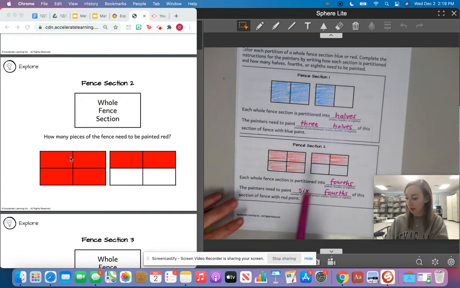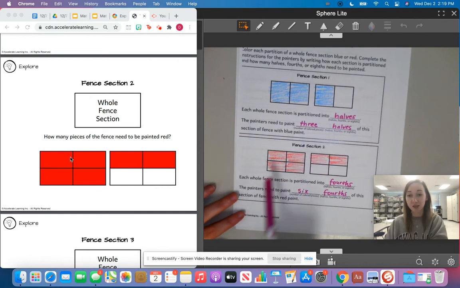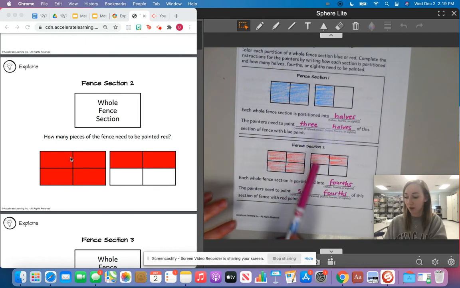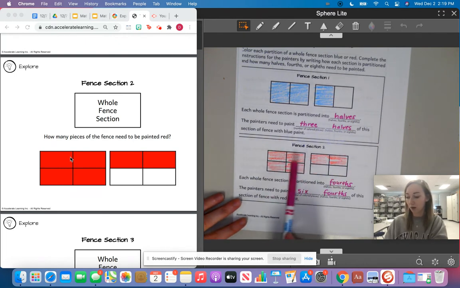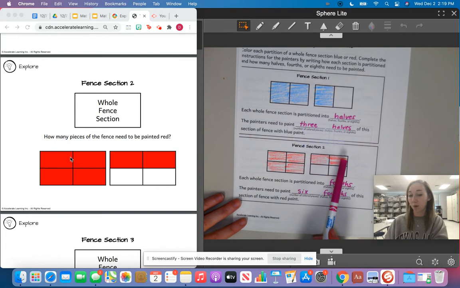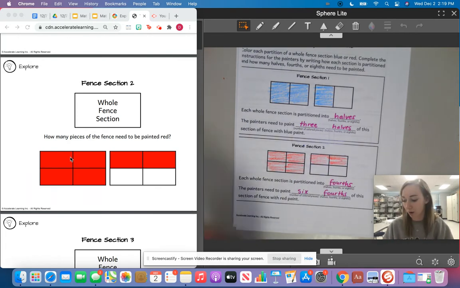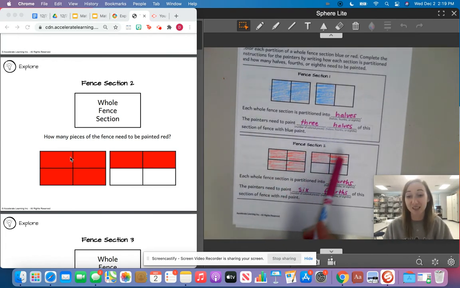So we're filling out the number of colored pieces and then what those pieces are. So these aren't just pieces, they are fractions, and it's this whole section has been cut into fourths. So even though we have more than one whole fence, both of them are cut into fourths, so we can talk about 1, 2, 3, 4, 5, 6 fourths that are red.